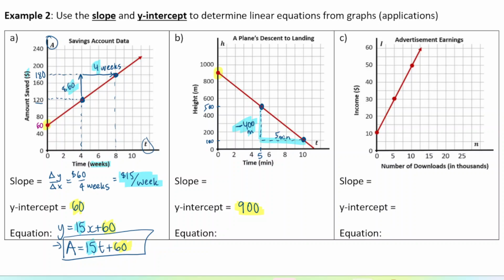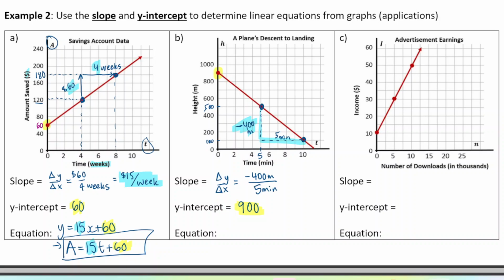So the slope is going to be change in y over change in x. So it's going to be negative 400 because I had to count down for 5 minutes. We can reduce this. 400 divided by 5 is 80, so it would be negative 80 meters per minute.